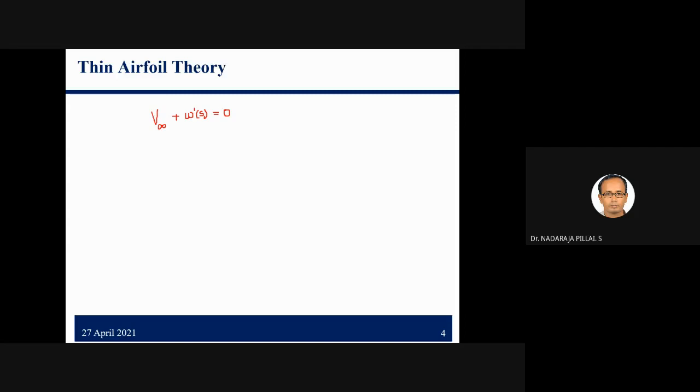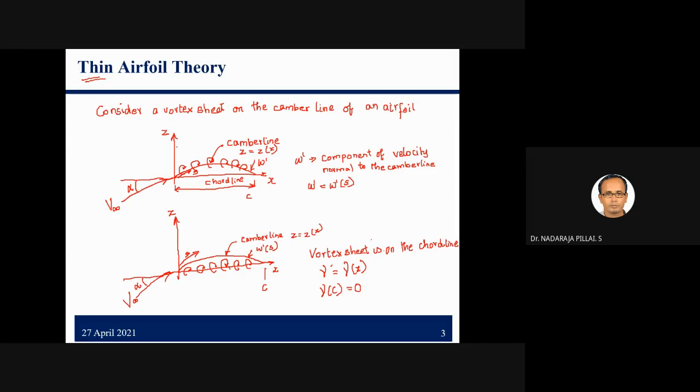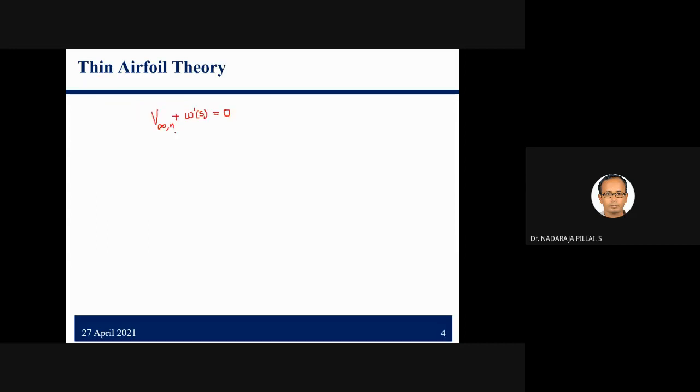So here we will consider V infinity comma n to be the component of free stream velocity normal to the camber, right? Please note, the free stream velocity normal to the camber. So for the camber line to be a streamline, we can write V infinity comma n plus w dash of s is equal to 0 at every point along the camber line.